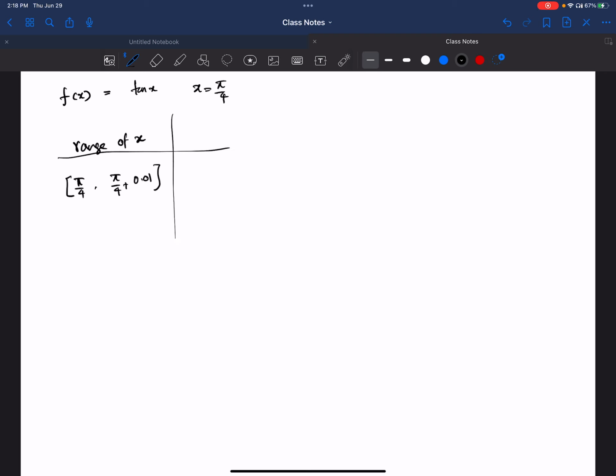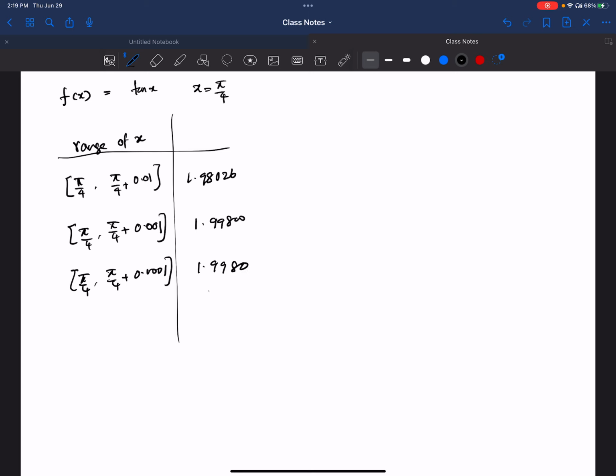From that we get 1.98026, and then you have the next point moving towards pi over 4 plus 0.001, and then you end up with 1.998, and then you have pi over 4 plus 0.0001. Okay, and then you end up with 1.9998.